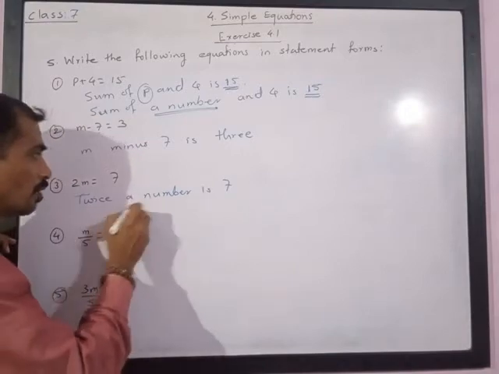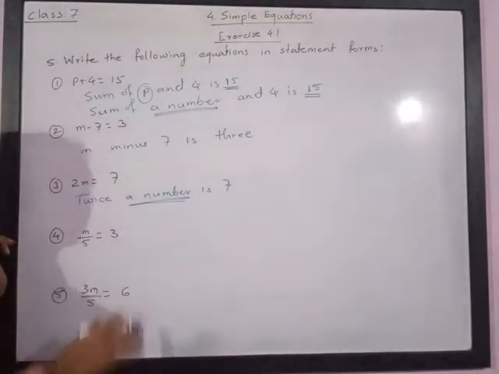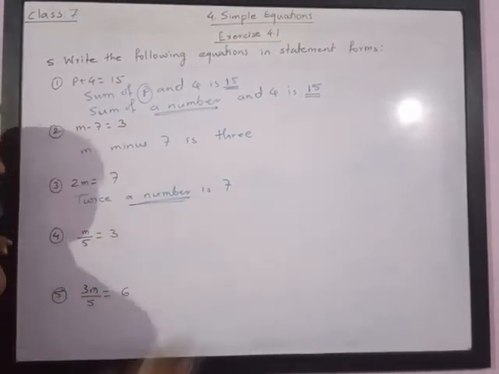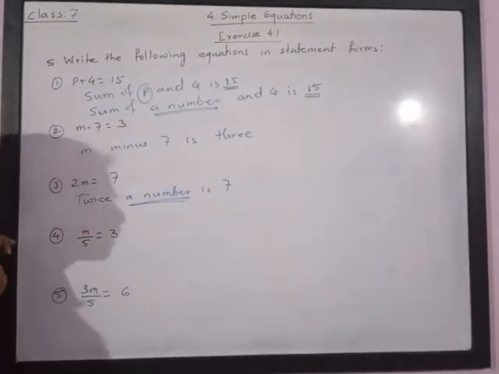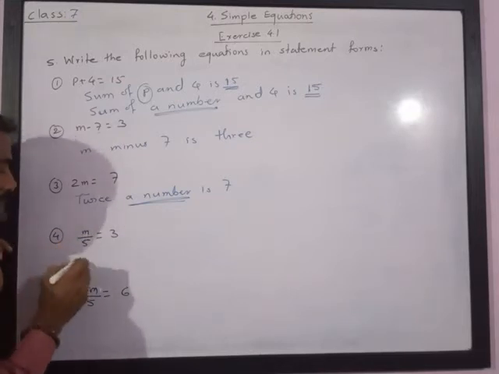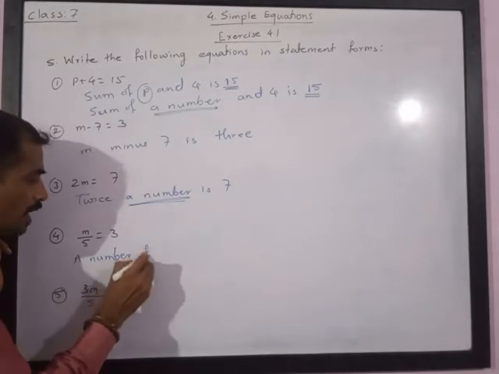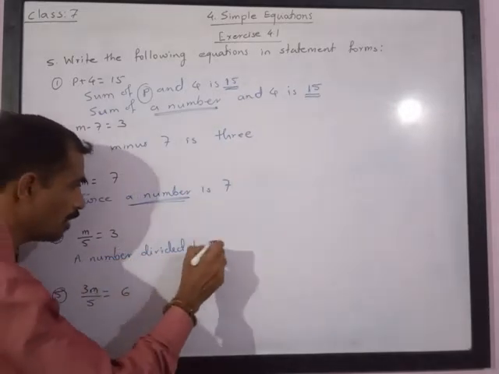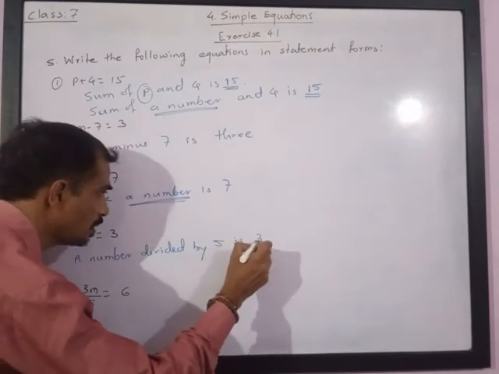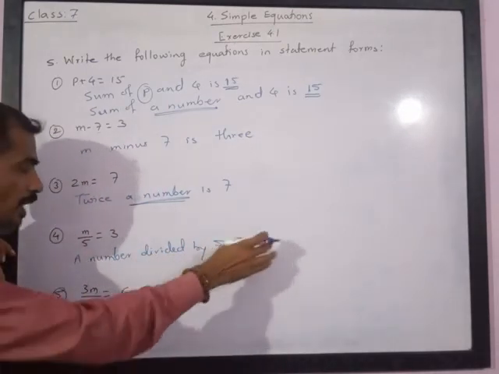Please note, when we say a number, a variable is included in it. Twice of m is 7, in that way also. Here m divided by 5 is 3. m is a variable, so a number divided by 5 is 3.